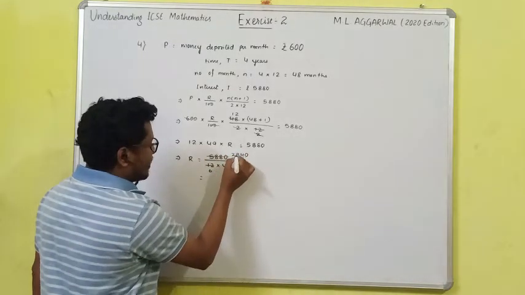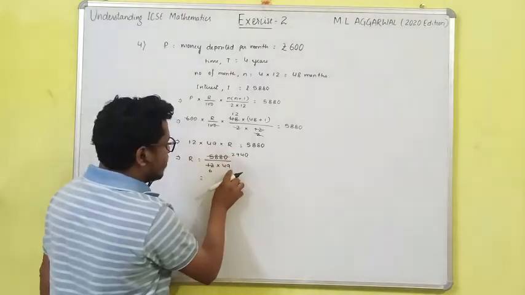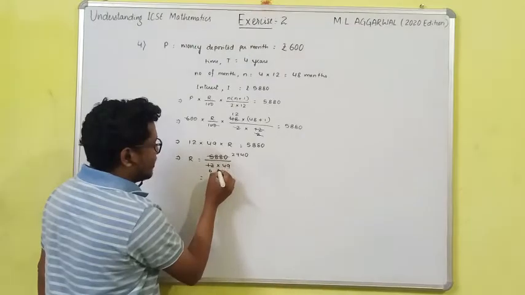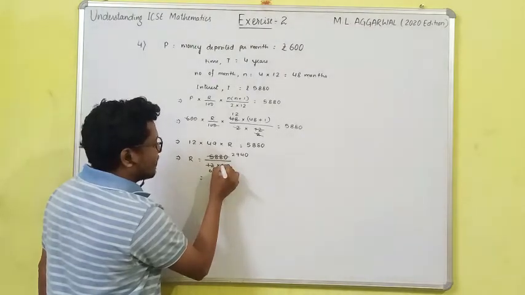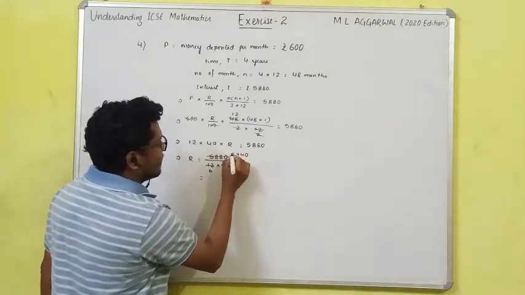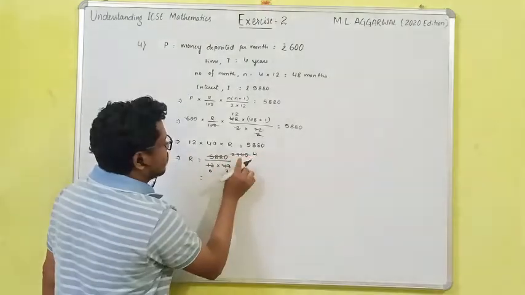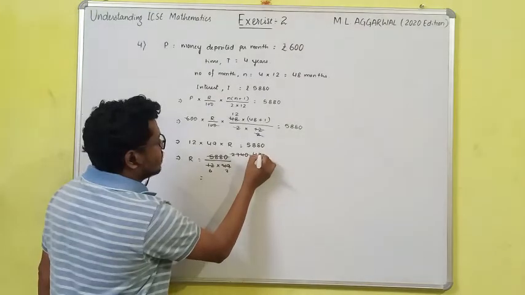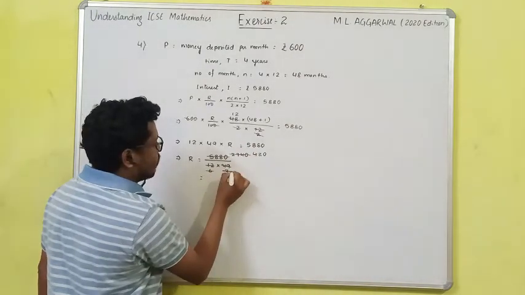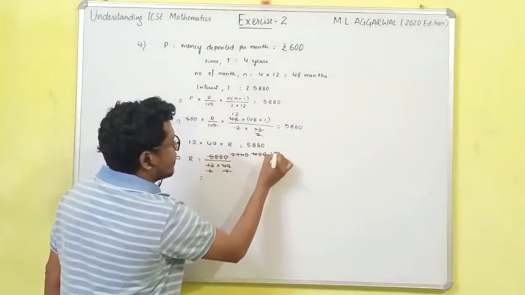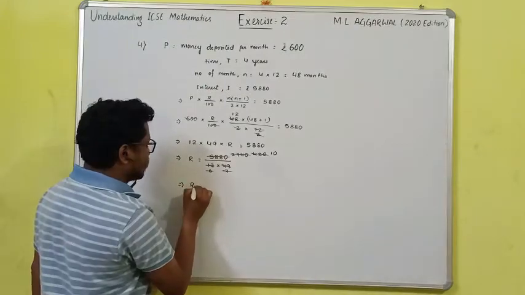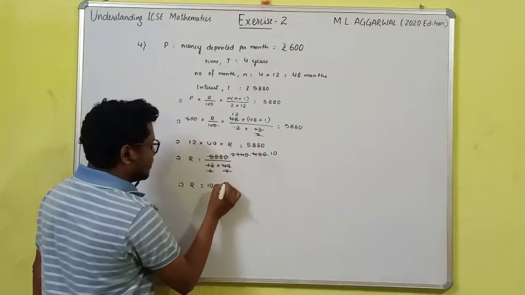Again, if you cancel 9 with 7, 7 nines are 49, then 7 fours are 28, 7 twos are 14, 42 minus 14 is 28... then 7 sixes are 42, so here it will be 10. So R is equal to 10%, that is your answer.